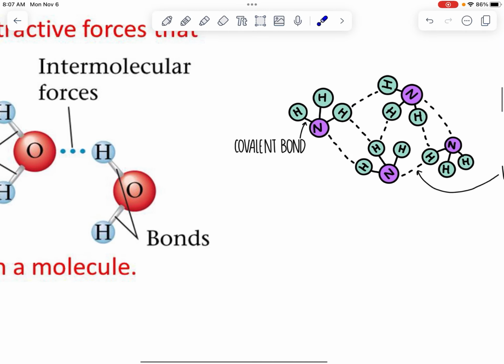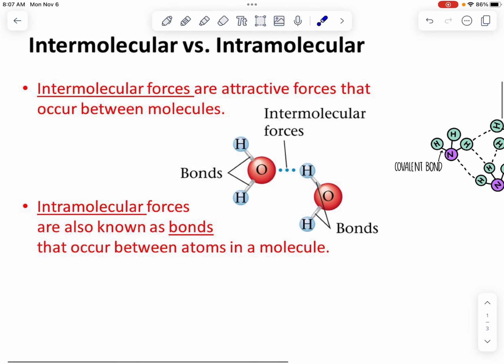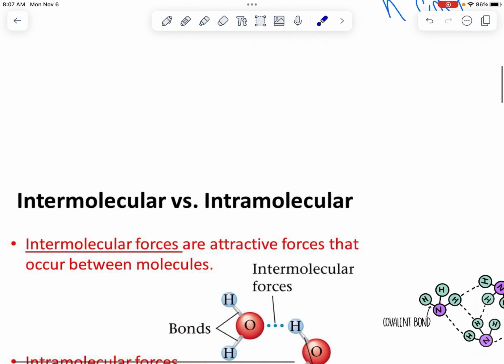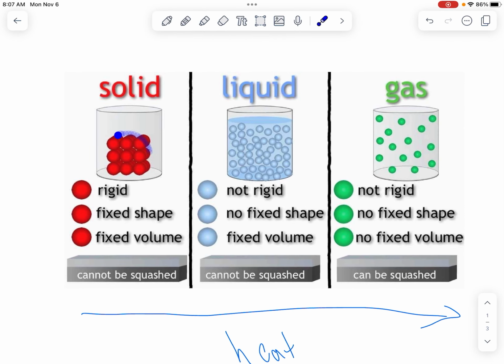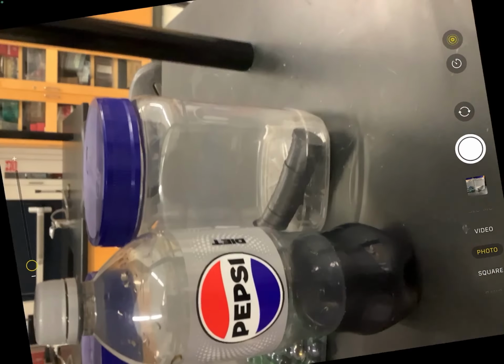Molecules can have different strengths of that attraction. Just like our magnets and our marbles, if there's a lot of attraction, it's a solid. If there's a medium attraction, or just a little bit of attraction, it's a liquid. And if there's almost no attraction at all, then it's a gas, right? So we can now determine our intermolecular forces.